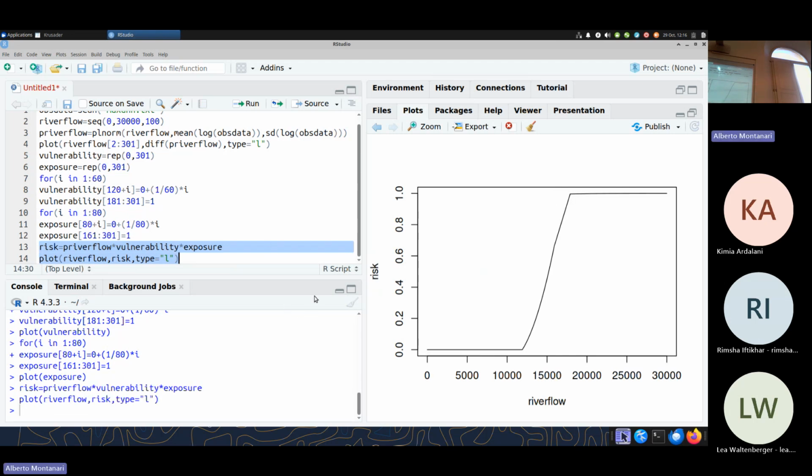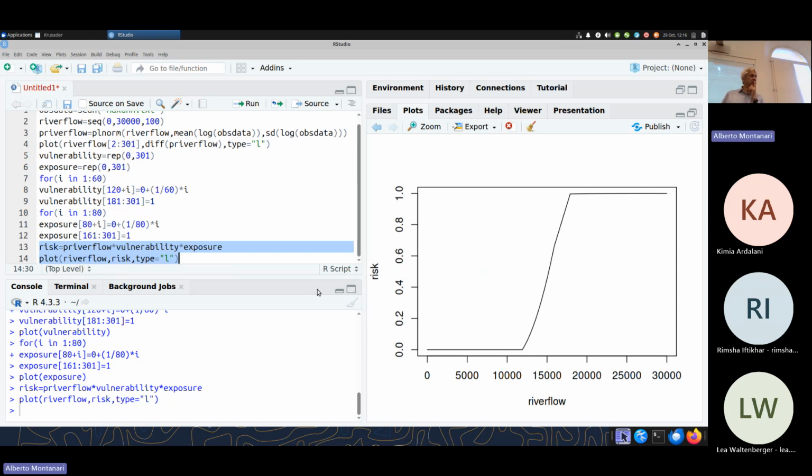Okay. What we get is reasonable if we think about it, because probability of not exceedance is evolving from 0 to 1, and also vulnerability.